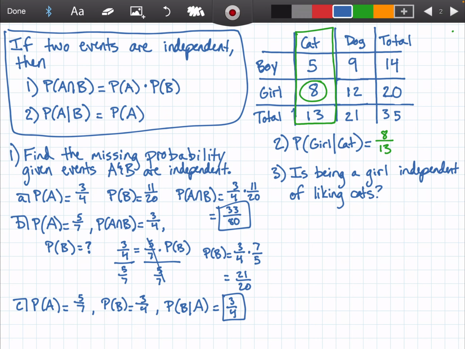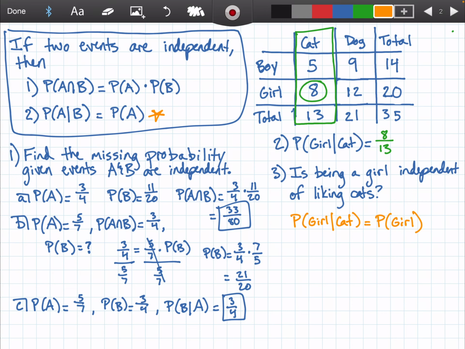Next question, is being a girl independent of liking cats? At first glance we'll say, well, yeah, it doesn't really matter. But if 2 events are independent, then this rule should be followed, so I can just test that. This means the probability of a girl preferring cats should be the same as just picking a girl at random.